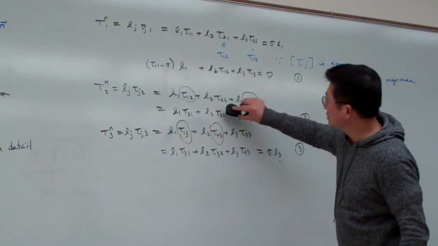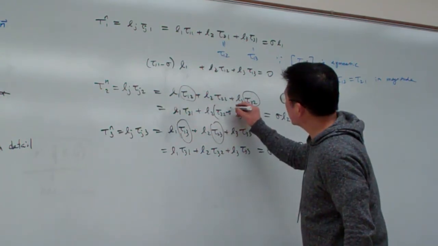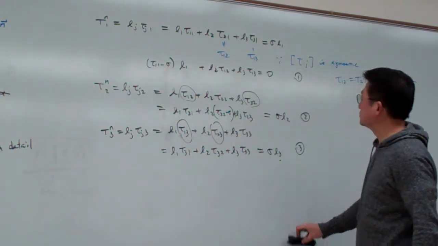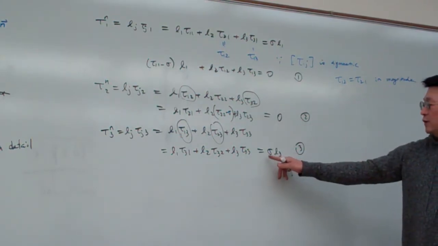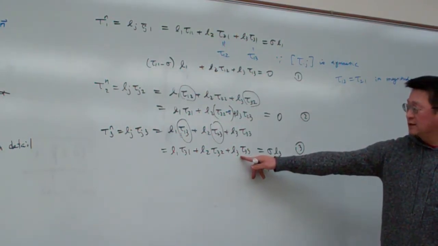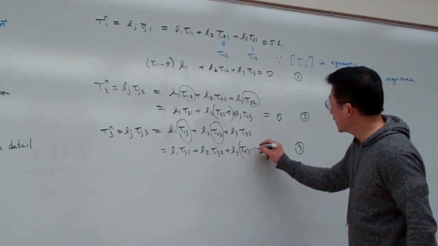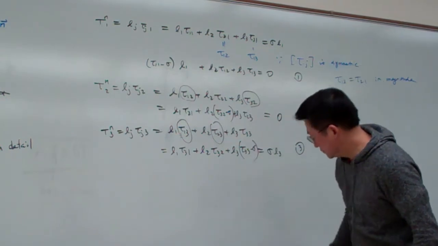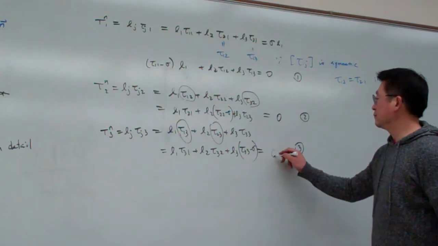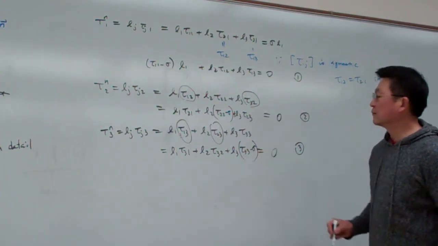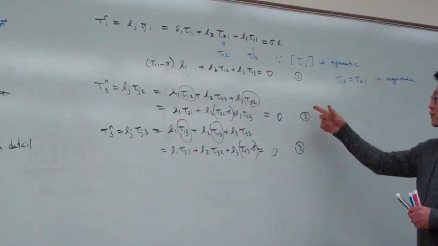So this is tau 2, 2 minus sigma. The third one, again, this one is going to move to the left-hand side, combine with this one. So that will be tau 3, 3 minus sigma. Good? Okay. So now we have three equations.